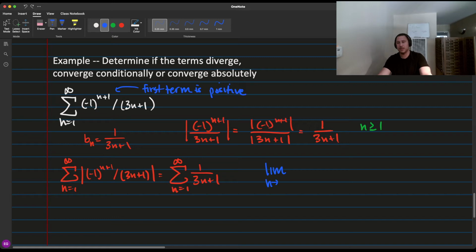Let's compare, so n would be less than 3n, which would be less than 3n plus 1. And then if you take the reciprocal, you now know that 1 over n... oh no, you wouldn't want to do that. That's not going to work.